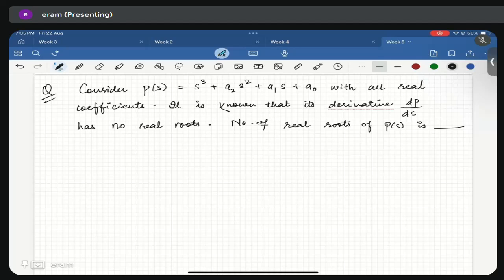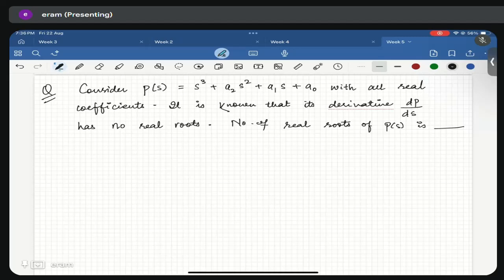Ma'am, I have one doubt. When a zero entry occurs in the first column, we use that positive number epsilon.